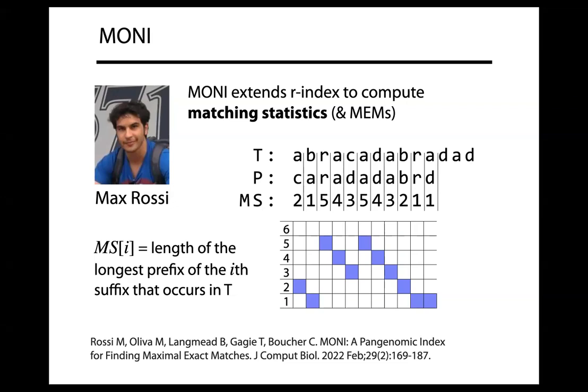So just to give you the definition here, the matching statistic of a pattern with respect to a text is the length, or the ith matching statistic, is the length of the longest prefix of the ith suffix that occurs in T. So for example, with this particular string here, look here, I've got a 5. That's a 5, because if I look at this suffix here, the longest prefix of that suffix that occurs in T is this one, because it occurs right here.